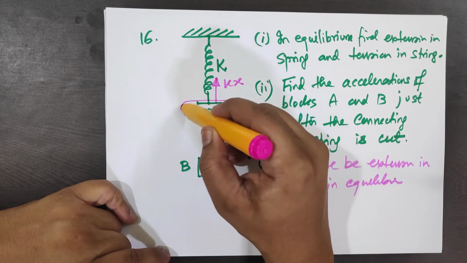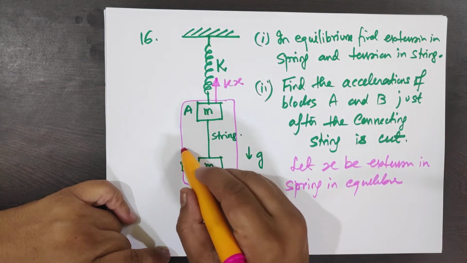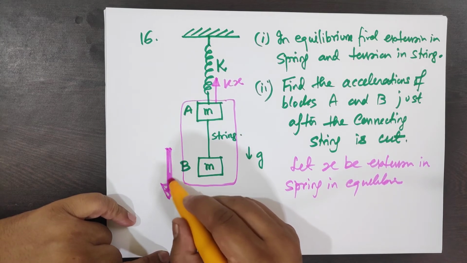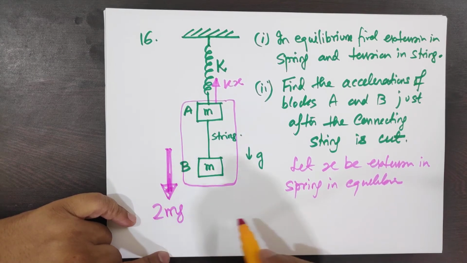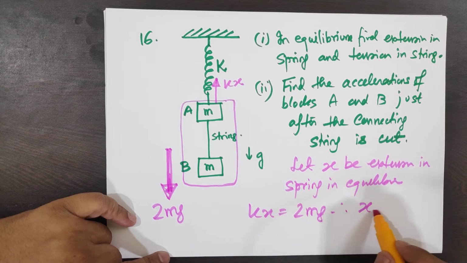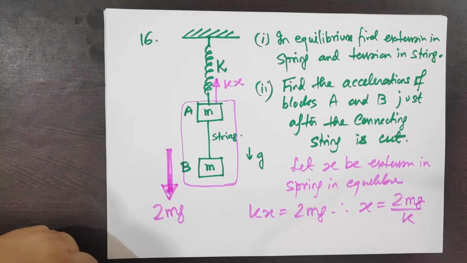Now we can consider these two blocks as a system. What will be the weight? It's 2mg. So kx happens to be equal to 2mg. Therefore x happens to be 2mg divided by k.